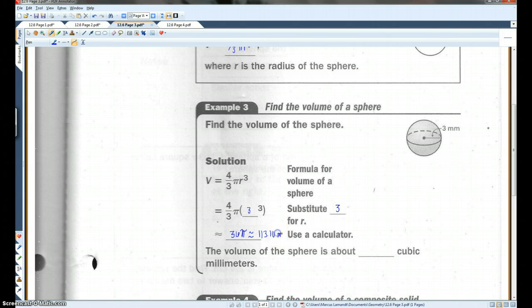Since it's volume, it's cubed, so the volume of the sphere is about 113.10 cubic millimeters.